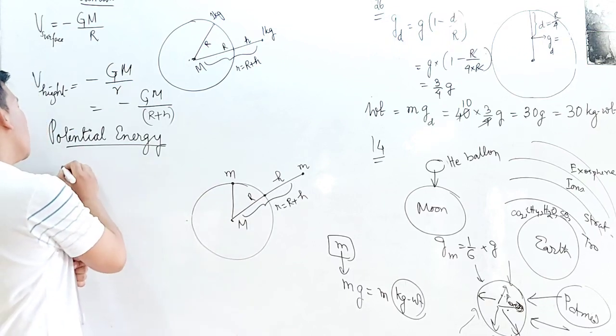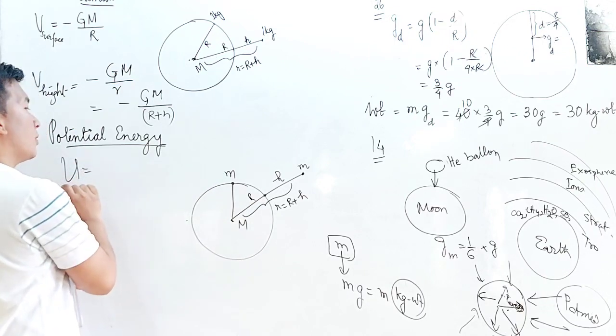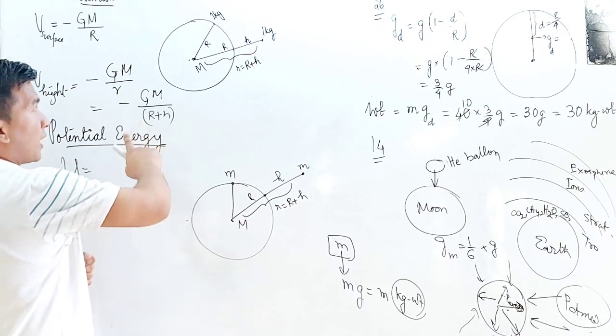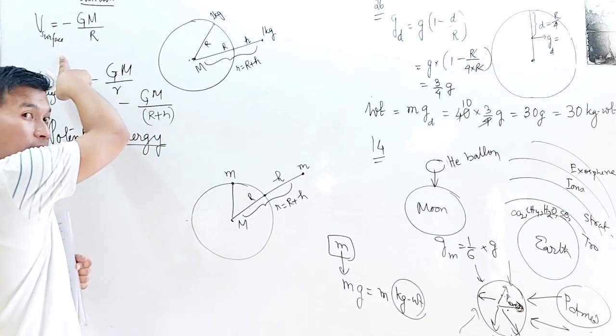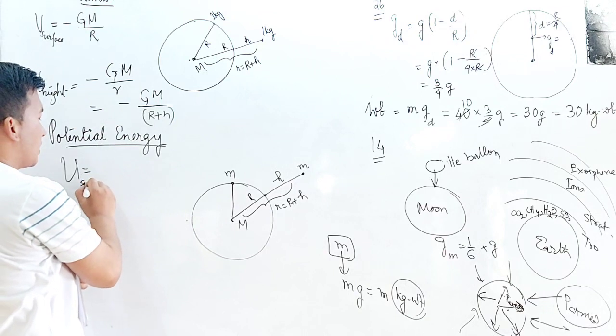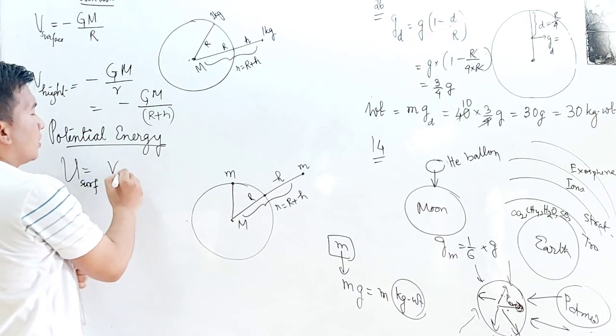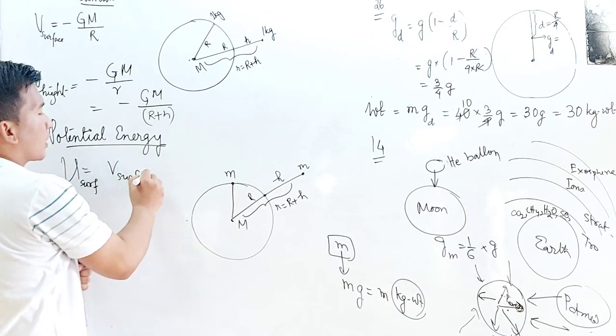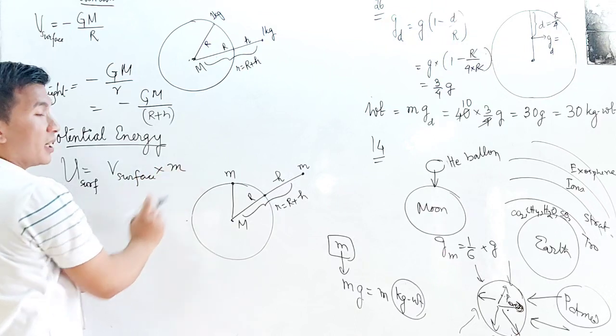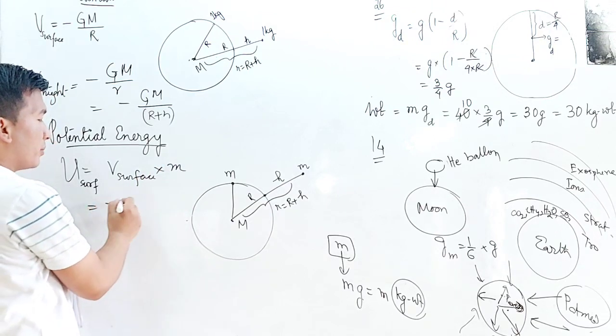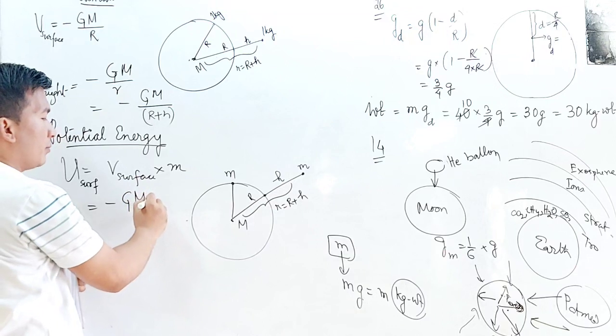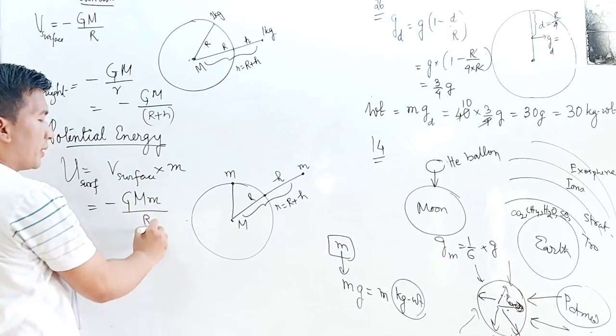Very simple: the potential energy for the surface will be equal to V surface into m, so we will have minus capital G capital M m divided by capital R.